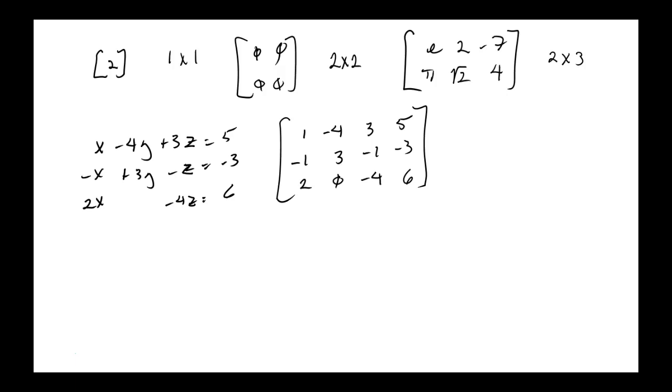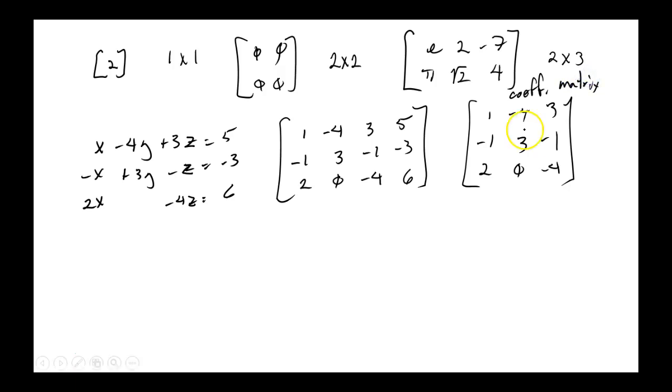The first of those matrices is your coefficient matrix, which is basically the 1, negative 4, 3, negative 1, 3, negative 1, 2, 0, negative 4. That's called the coefficient matrix. And if you attach that column vector to it, this is an augmented matrix.